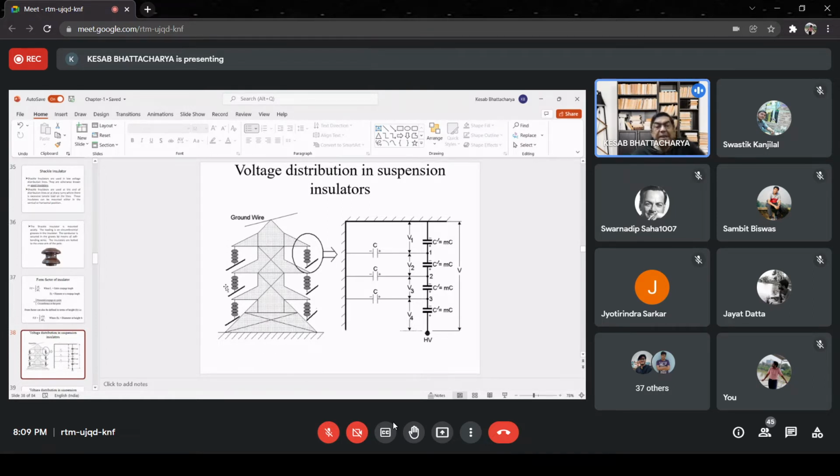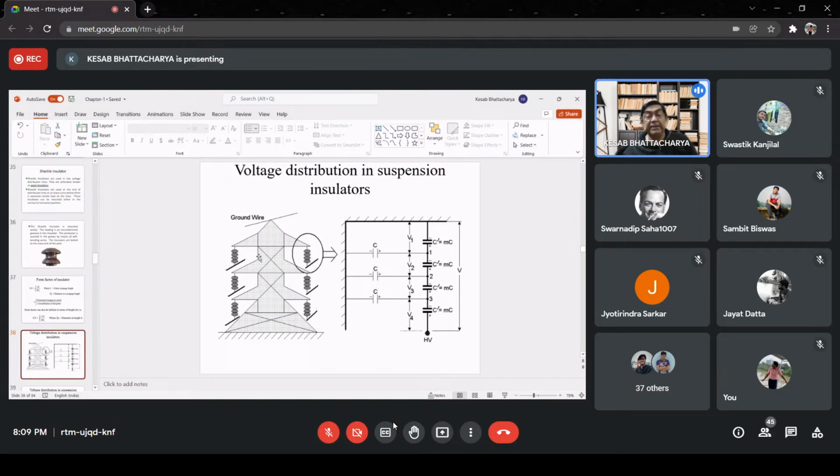Similarly, since between any two discs there is a metallic section which is held at some potential, what the potential is we do not know, but it will be subjected to some potential. It will not be at ground potential, nor at live potential. Therefore, another group of capacitances will be formed between these metallic sections and the tower body through air.